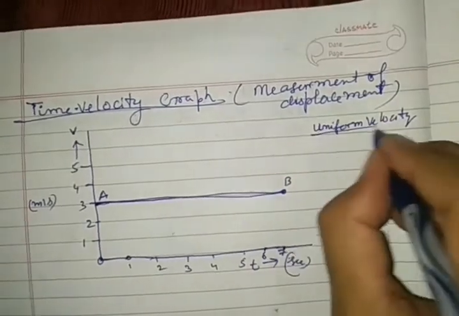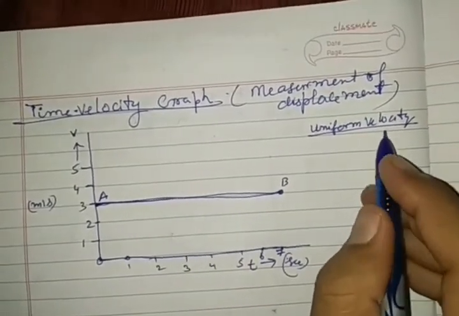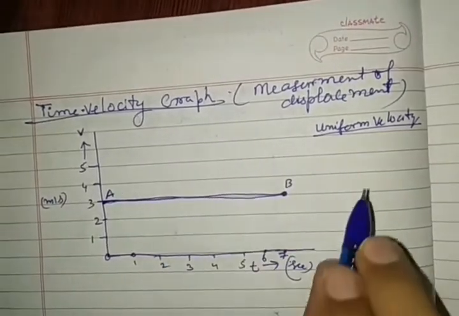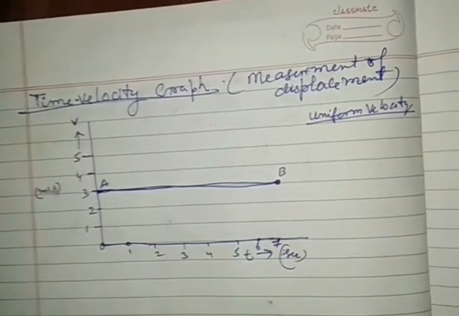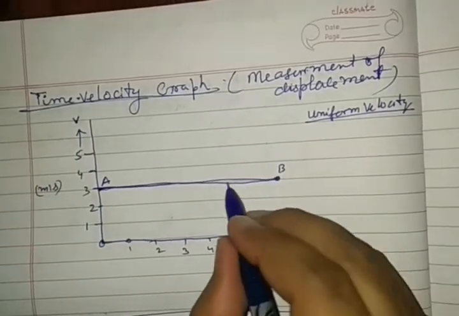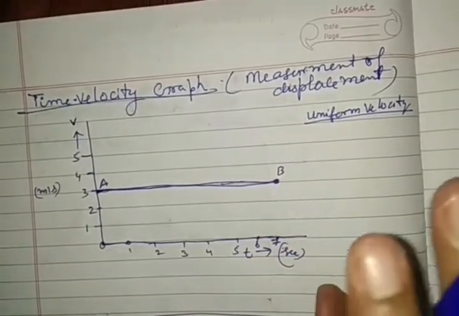That is, no change in magnitude of velocity and direction. Neither in direction nor in value of velocity. Clear? So a straight line here represents uniform velocity.